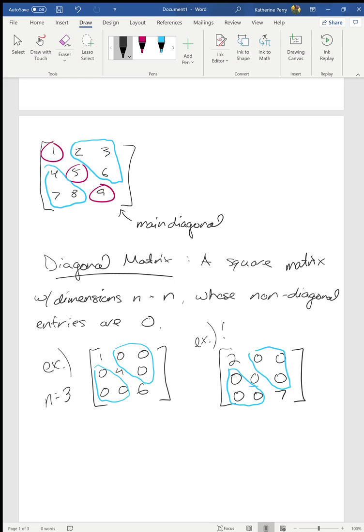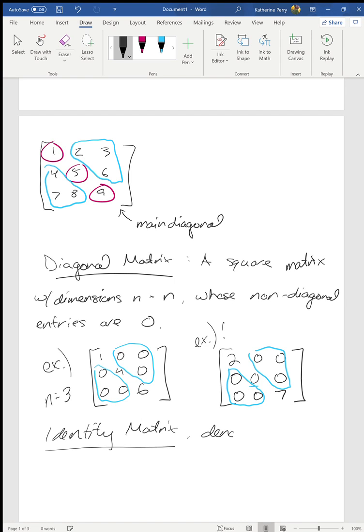Okay, but there's a special type of diagonal matrix, and that's a matrix called the identity matrix, which you may have seen before if you've done anything with matrices before.